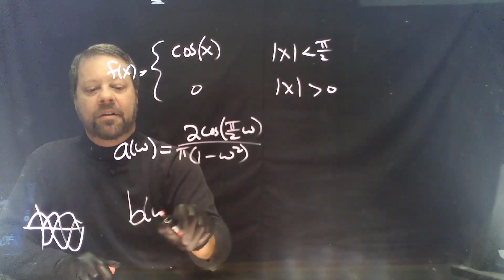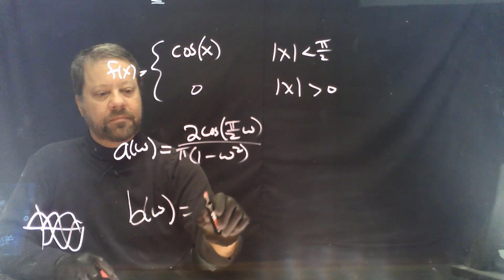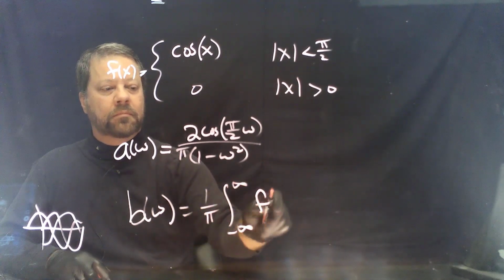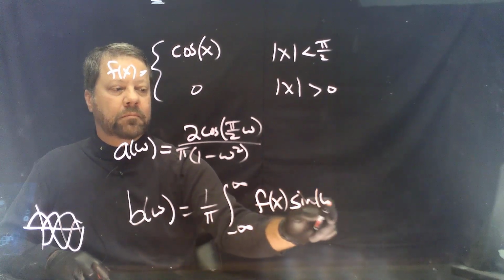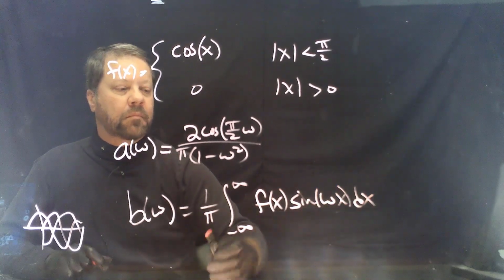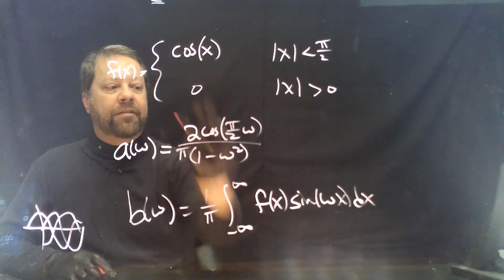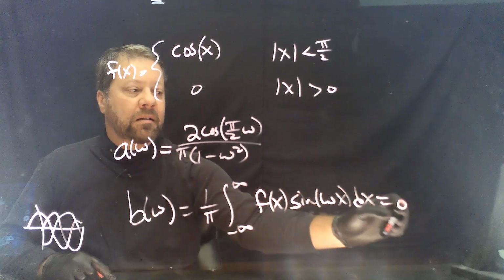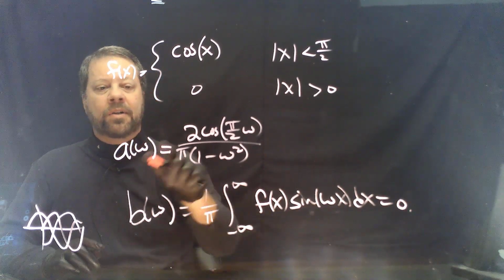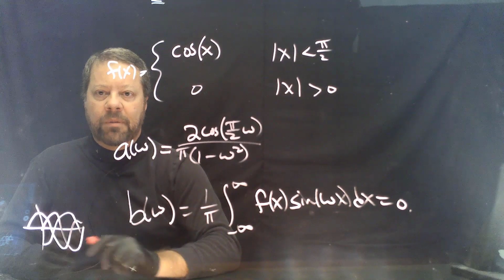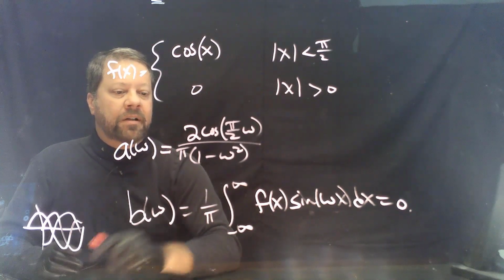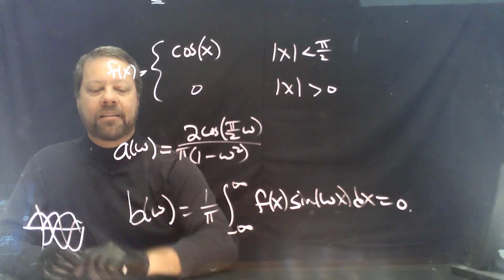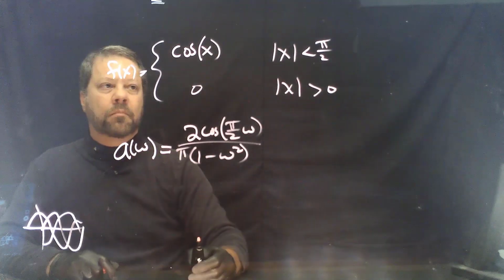If we look at the other terms, we'll have an even function times an odd function integrated from negative a to a. Those must be 0. So we can recover through the Fourier integral representations the function f by integrating these up against their basis elements.